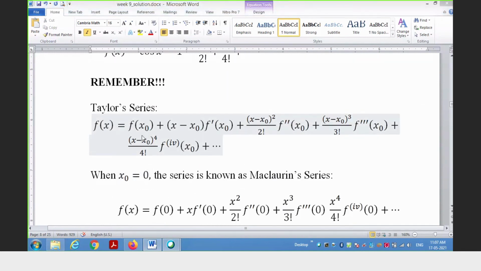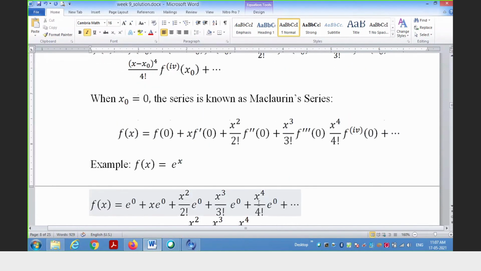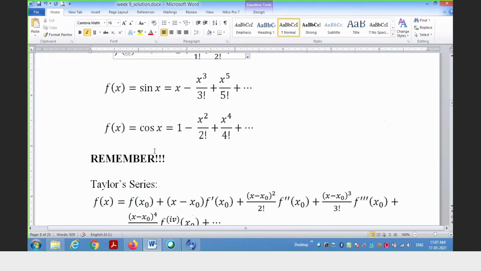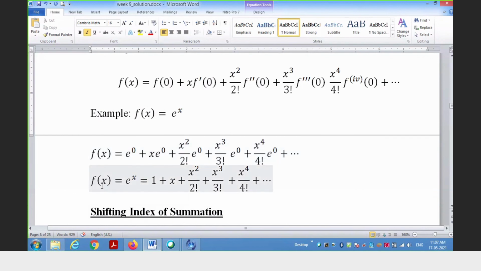As I mentioned earlier, when a equal to 0, the series is known as Maclaurin series. That's from this example. We use Maclaurin series when the center is 0. So for f of x, we have e to the 0, and for e to the x, we have this.